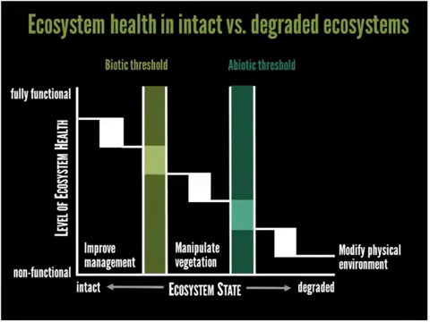This graphic represents the level of ecosystem health in an intact versus degraded ecosystem. Fully functional intact ecosystems, as they become more degraded, will require more human management. But there are certain thresholds that they can go past where they've degraded so much that it negatively affects the plants and animals there.